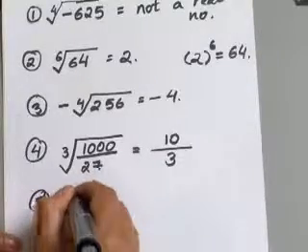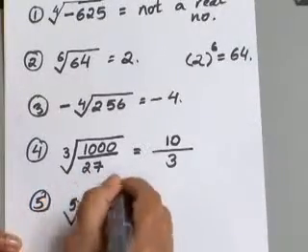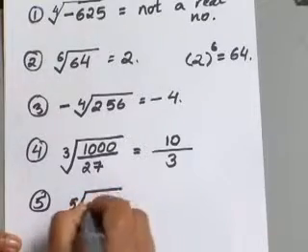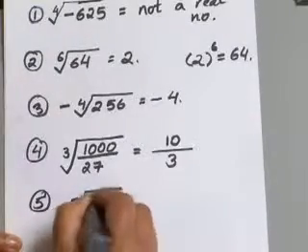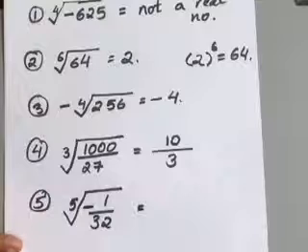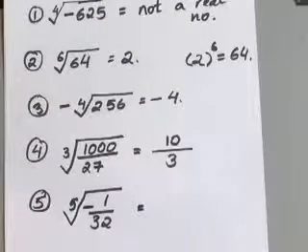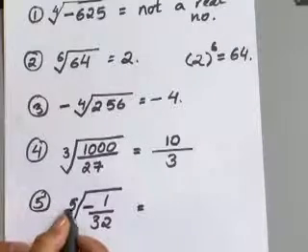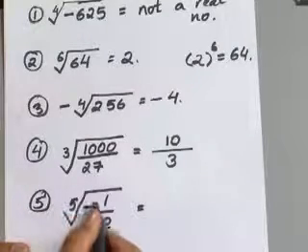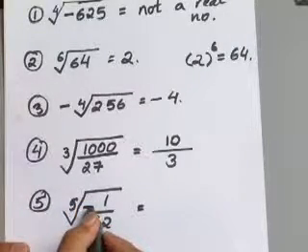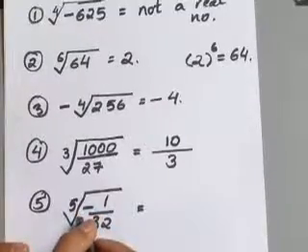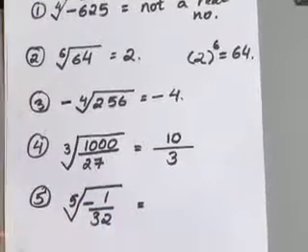And we'll look at one last example here with the higher roots. Now, we're talking about fifth root of negative 1 over 32. Since this is an odd numbered index, you can have a negative inside. Okay, so you can go ahead and find the answer to this problem here.